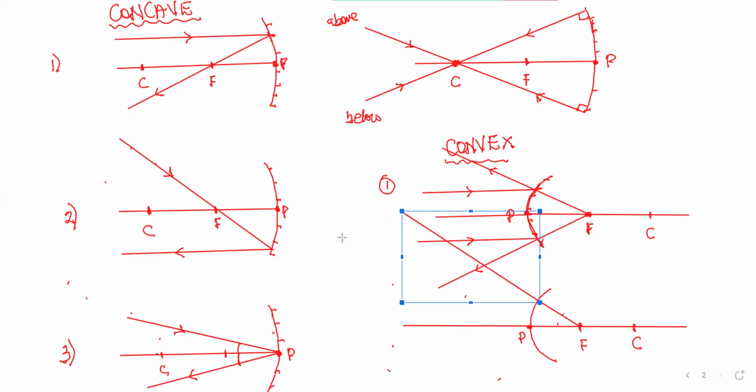But the ray which is actually coming from that point must look like passing through F. And once it looks like passing through F, after reflection, when it hits the mirror, the reflected ray must be parallel to the principal axis.